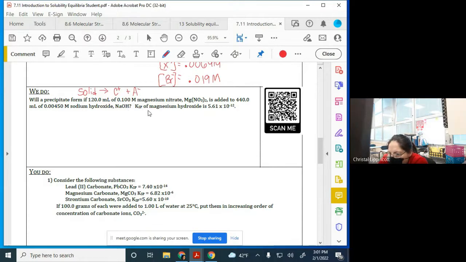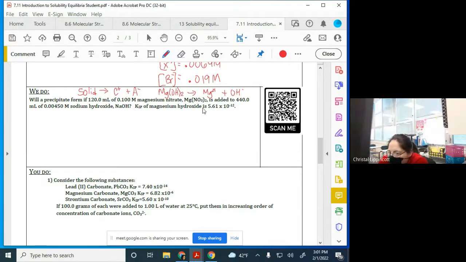In this case, we're going to try to see if we're going to form magnesium hydroxide and have these ions come out, or if this is going to be concentrated enough that we're actually going to form a precipitate, which would make it run in this direction.